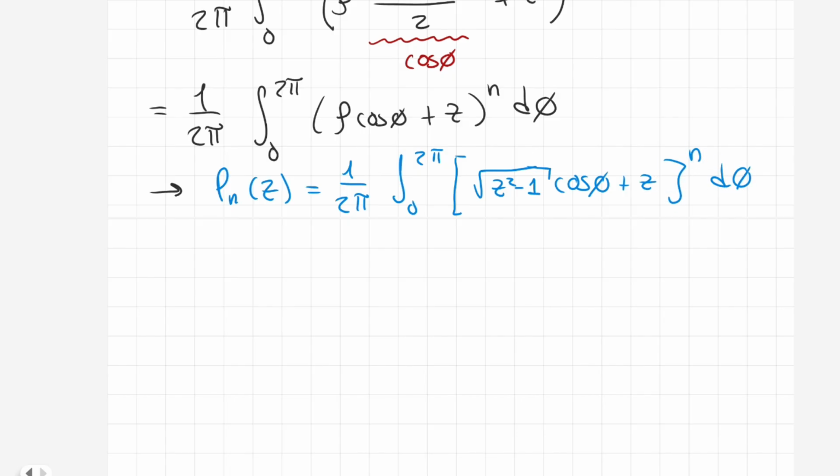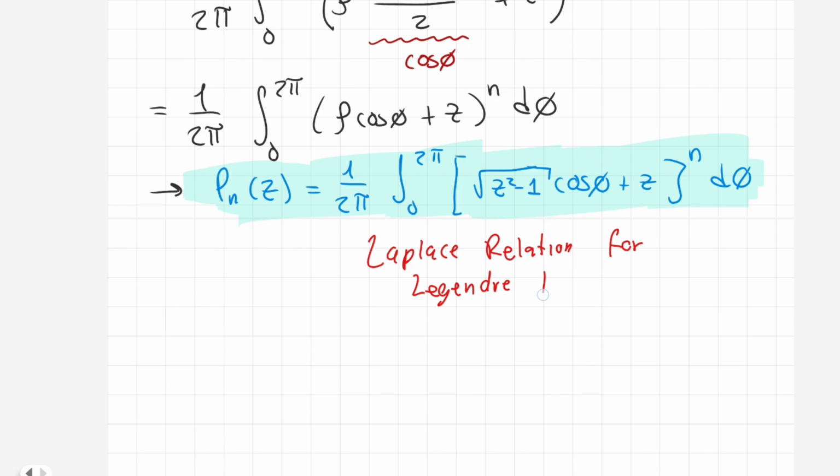So this thing over here is already an integral representation of the Legendre polynomials. Remember, this is known as the Laplace relation for Legendre polynomials.